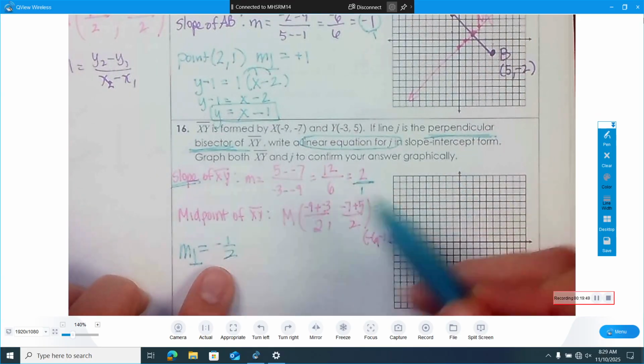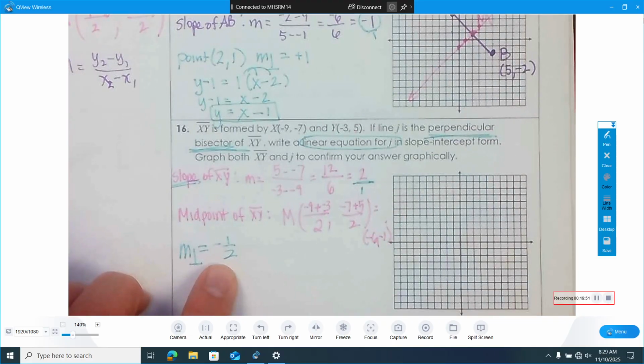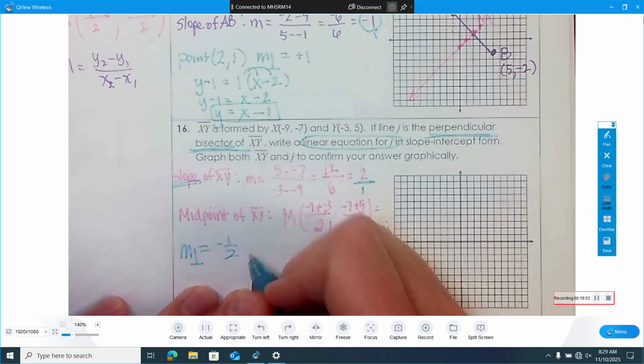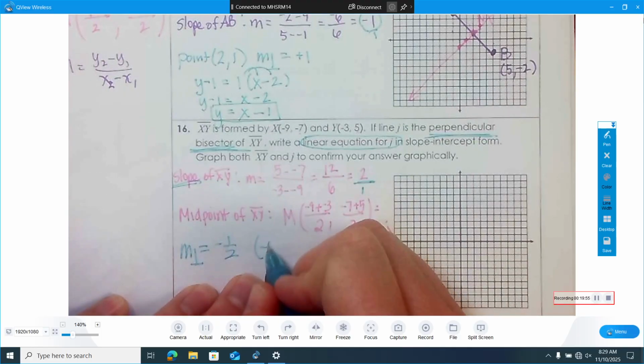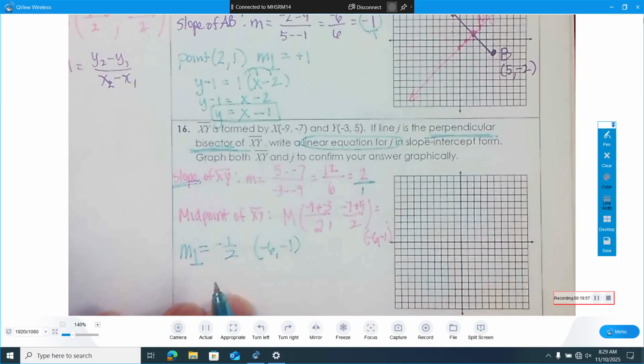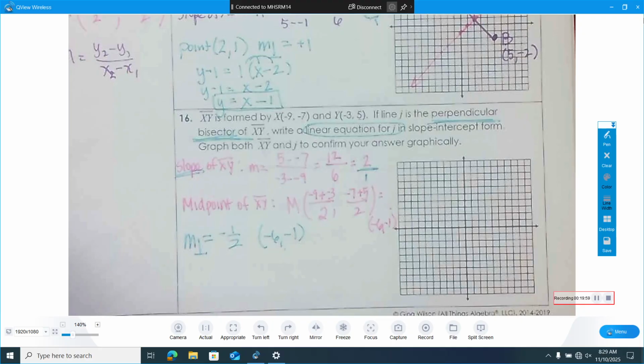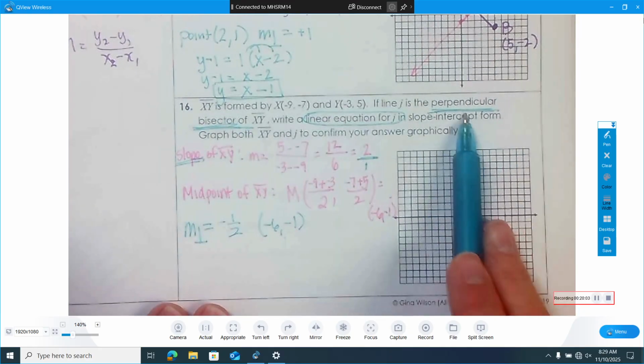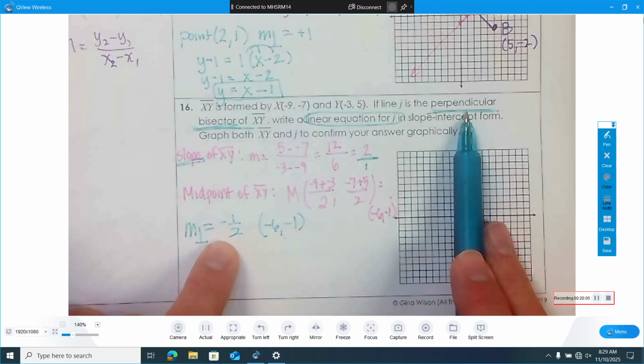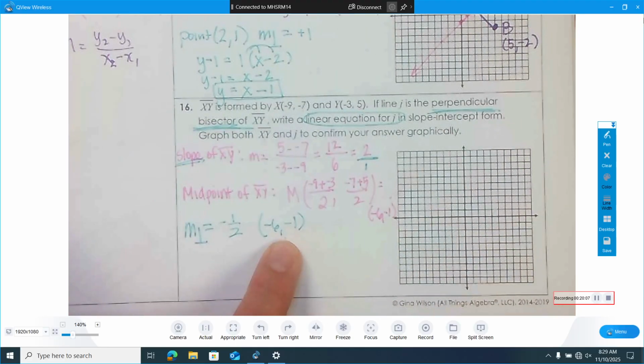Opposite, change the sign; reciprocal flips your fraction, okay? And we want it to pass through our point, -6, -1. So we have our point and our slope, and we're going to plug it into point-slope form. Perpendicular bisector, you need a perpendicular slope, and you need that bisected part, that midpoint, the middle, okay?